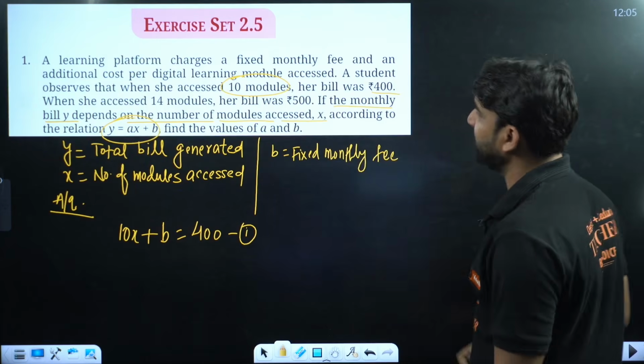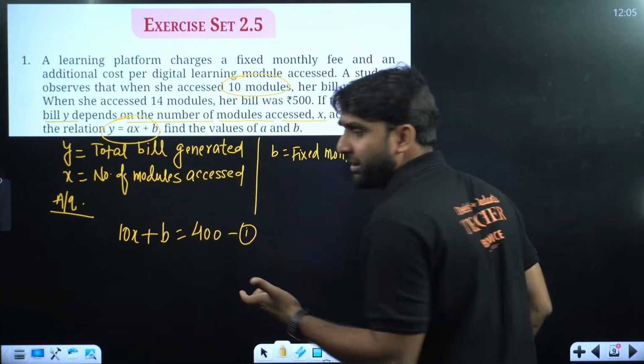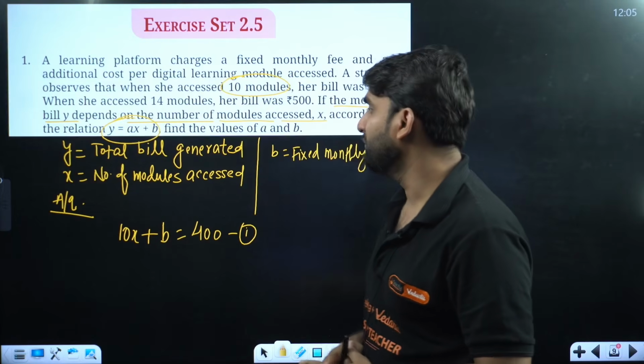Moving to the second bill. When she accessed 14 modules, X is the number of modules, and she used 14 modules.